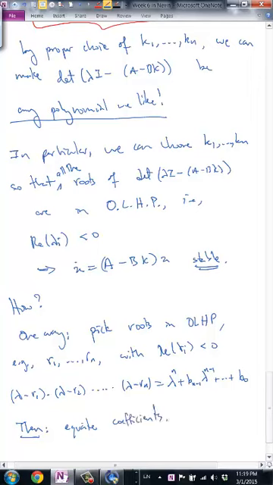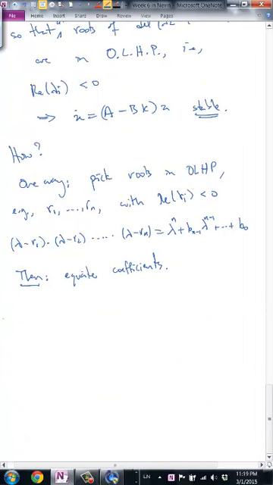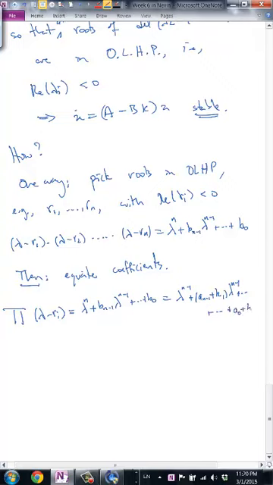In other words, we have the product of (lambda minus ri) equals lambda to the n plus b_{n-1} lambda to the n minus 1, all the way down to b_0. And we set this equal to lambda to the n plus (a_{n-1} plus k1) lambda to the n minus 1, all the way down to a_0 plus kn.